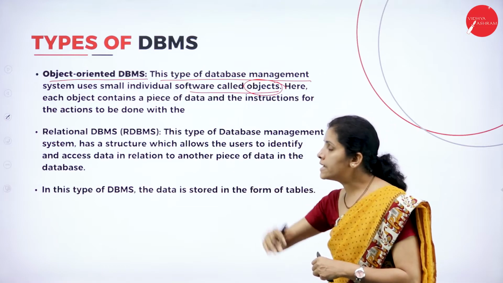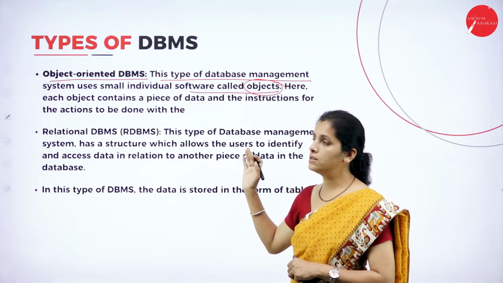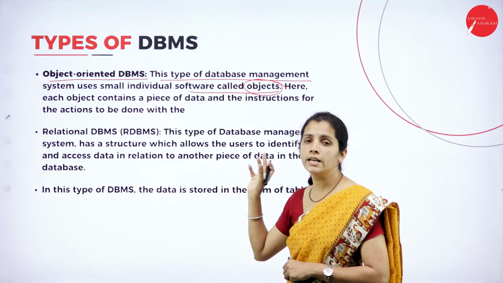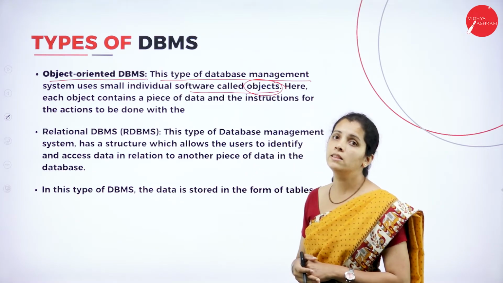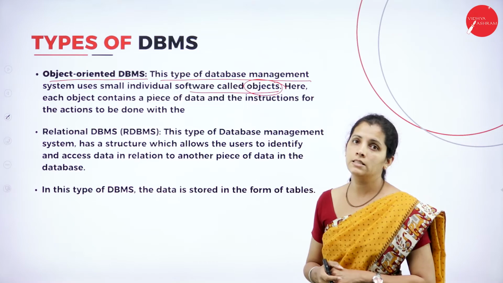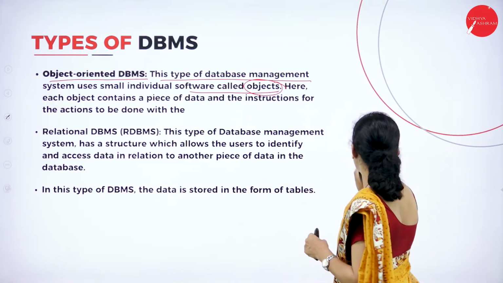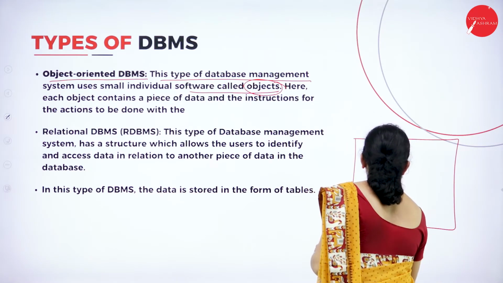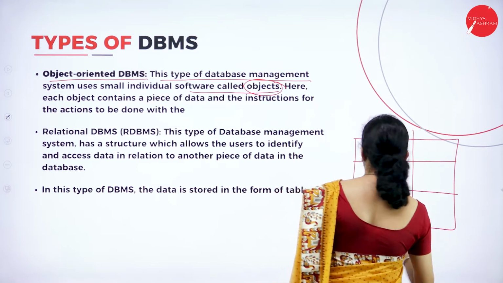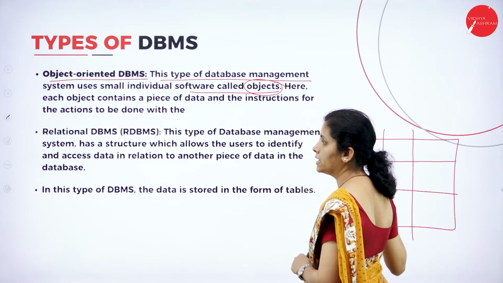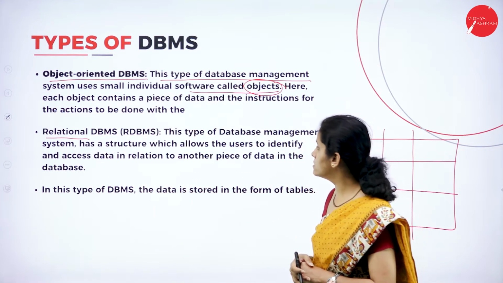And once again, I'm going to deal with the relational database management system. What is this relational database management system? That means the data are represented in the form of tables, that is nothing but rows and columns. The data are organized in the form of a table. I have rows and I have columns, and this kind of data representation is known as a relational database management system.